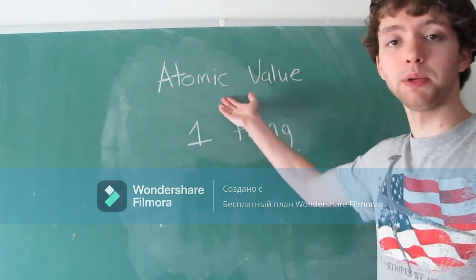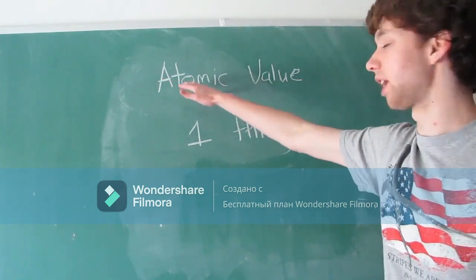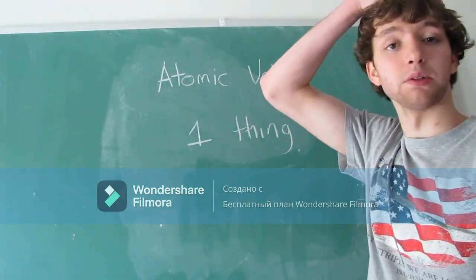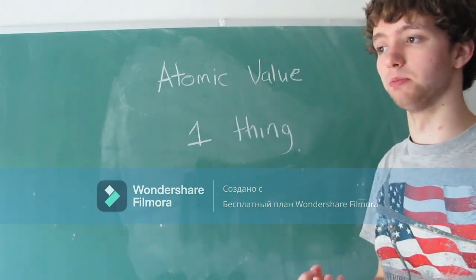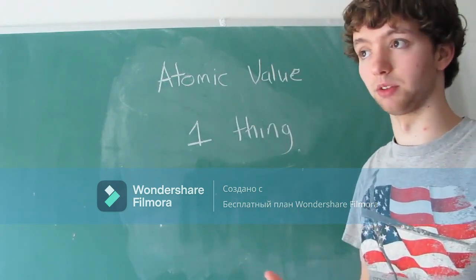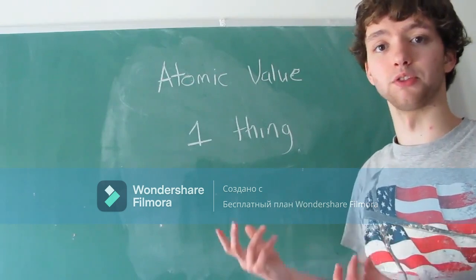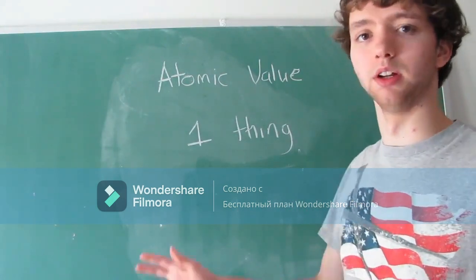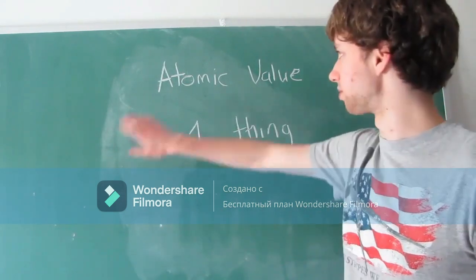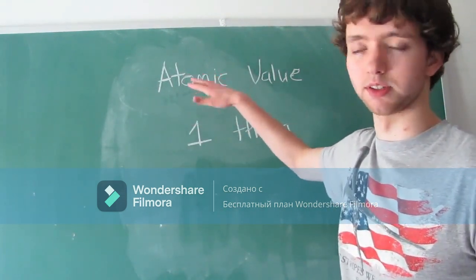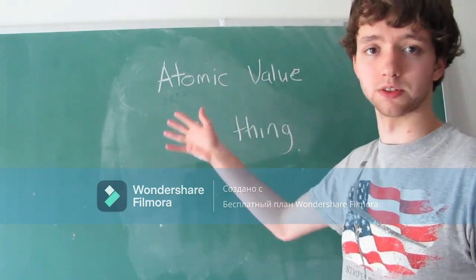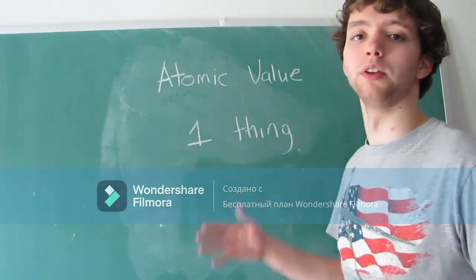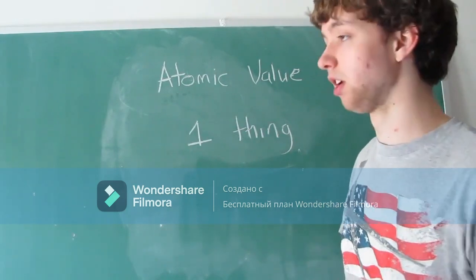An atom, atomic, when this word came about, we never really split an atom, so we thought of an atom as the smallest indivisible, I think is the word, piece of information in this world. Now we can split it, but whatever. So sometimes you may think, oh, this isn't really a good term, but everyone will still use this term. So just think of atomic as the smallest one individual thing stored.